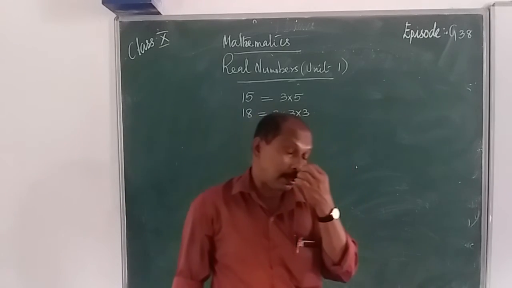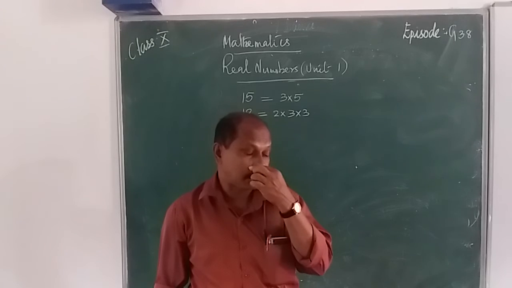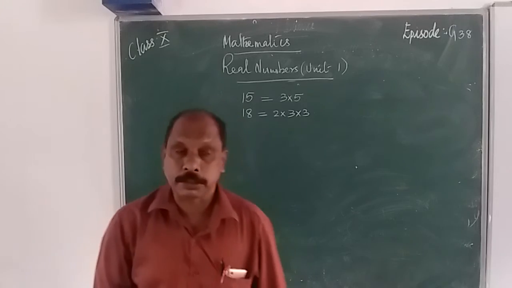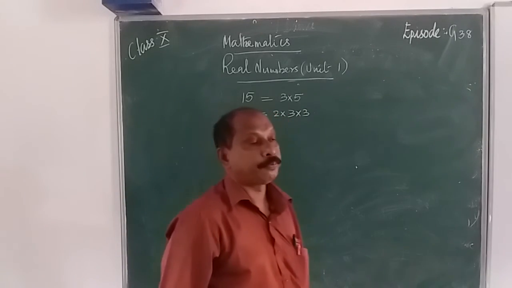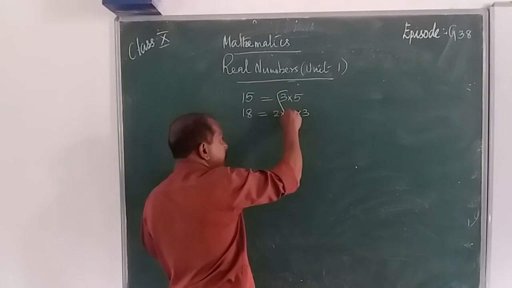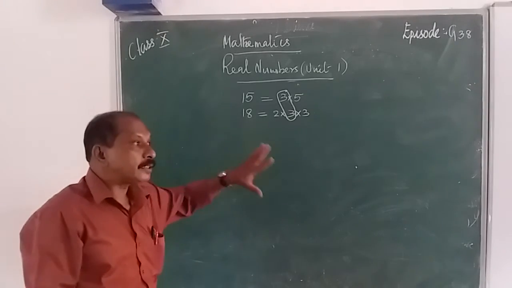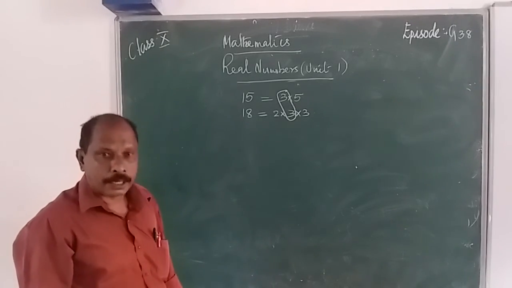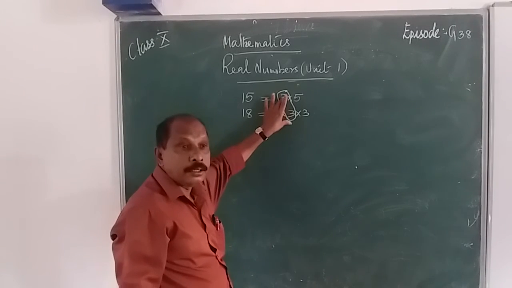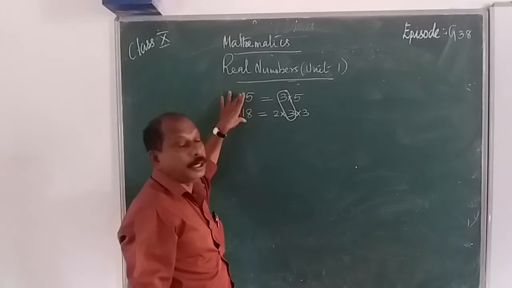Therefore, 18 as a composite number, we can express as the product of prime factors, that is 2 into 3 into 3. 15 is also a composite number, therefore it is 3 into 5. Listen, there is only one 3 between these two. That is the highest number. Therefore, this 3 is the common factor of these two composite numbers.